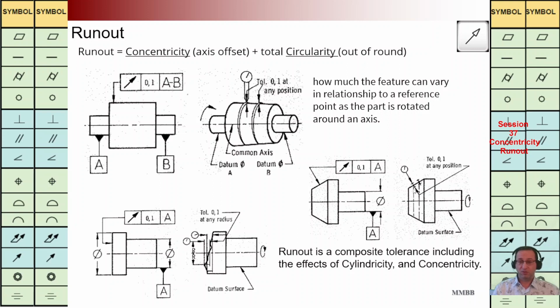That's why for each cross section, we are going to check, let's say, cylindricity or concentricity for this example, as we can see here.